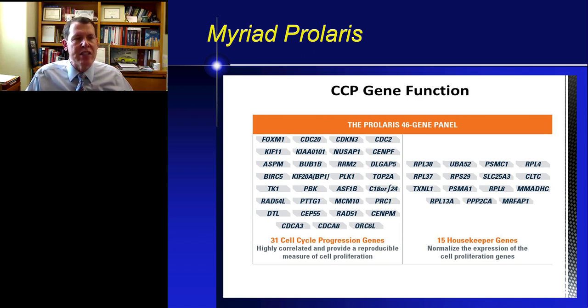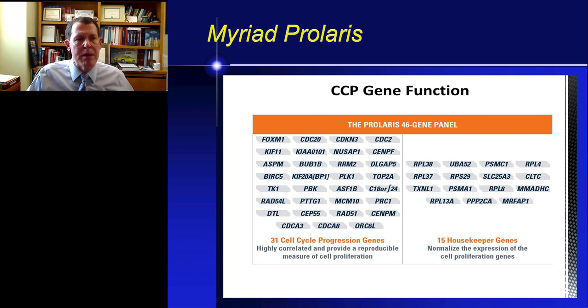And CCP stands for cell cycle progression genes. So all the genes in this panel are in the cell cycle progression pathway, and there are 31 genes plus 15 housekeeping genes that comprise the assay.